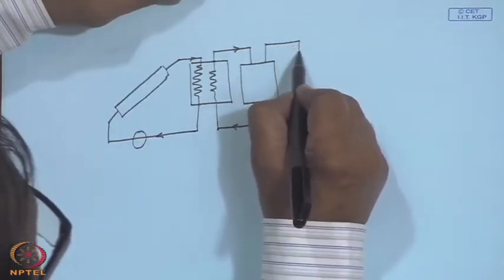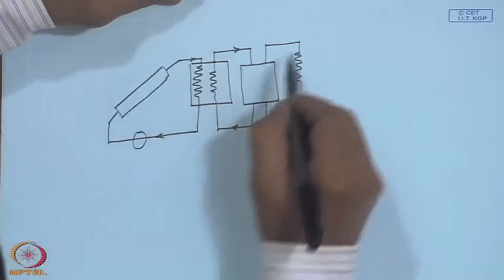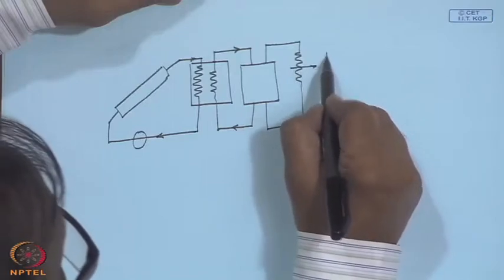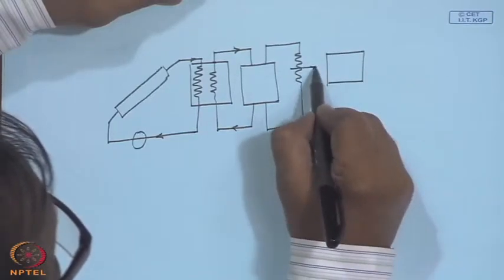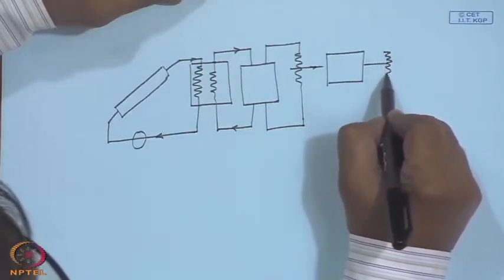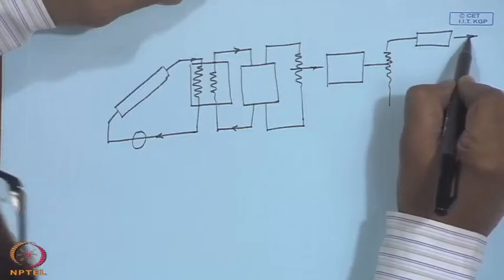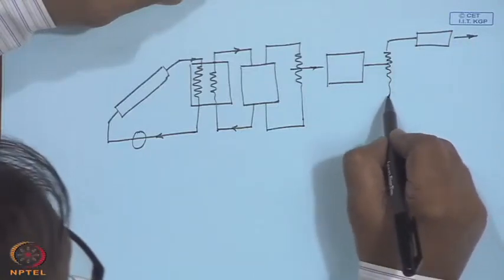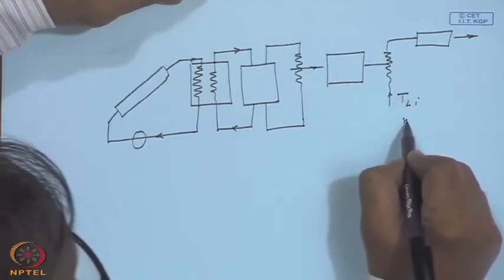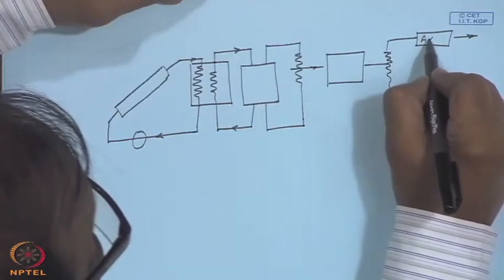Then from here, I may have an auxiliary over here, T load return with an m dot return, and this is auxiliary.